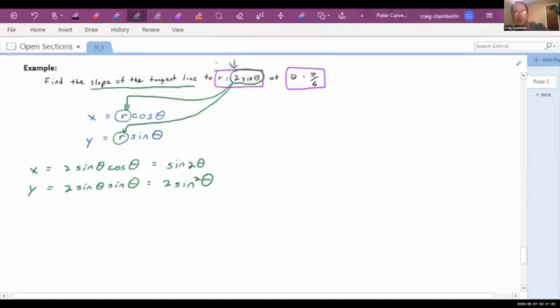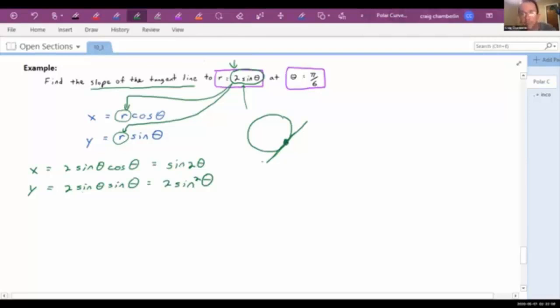So if you have a curve, and this happens to be a circle, I'll show it to you on the calculator in a little bit, we're just trying to find the slope of a tangent line at theta equals pi over 6. I think as it turns out, that tangent line would be over here somewhere. I'll show you in a little bit.